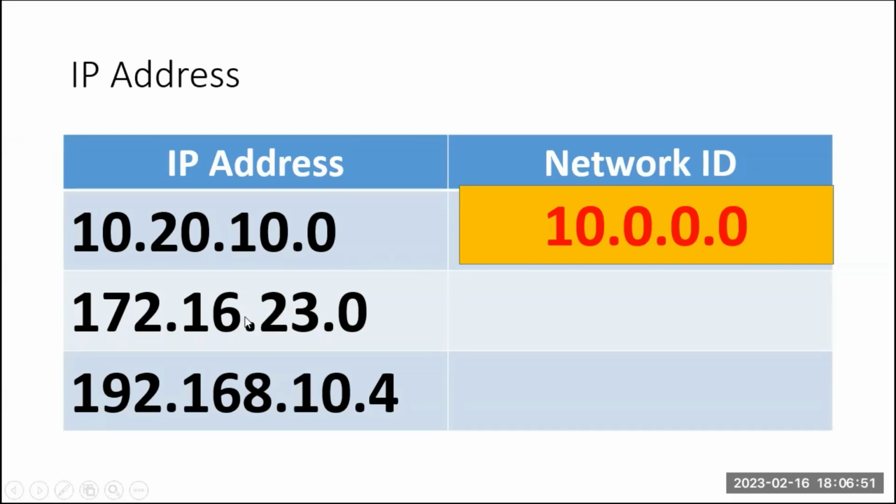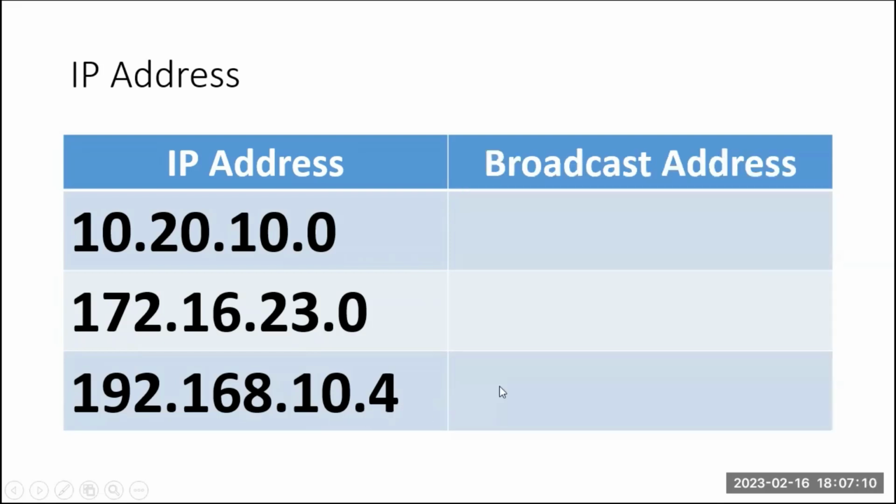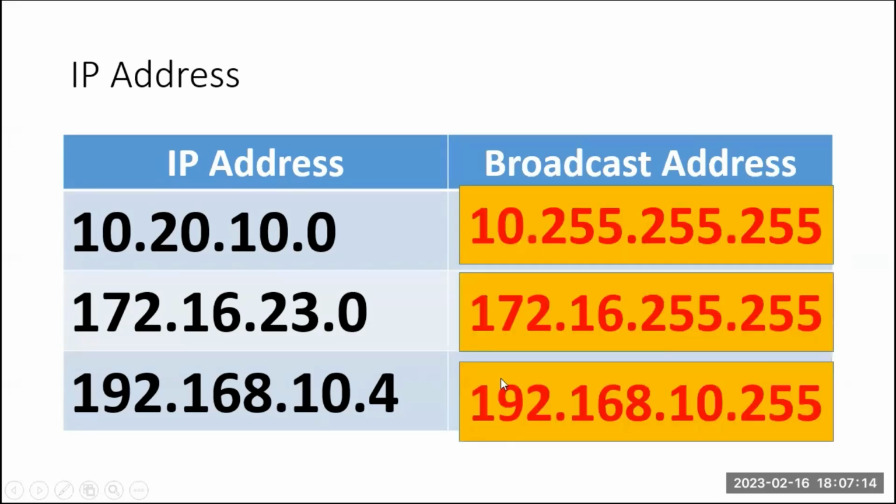The network ID for this one is 172.16.23.0. For this, we say that the network ID would have been 192.168.10.4. All right.